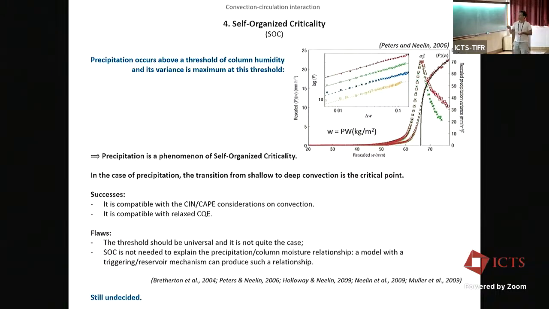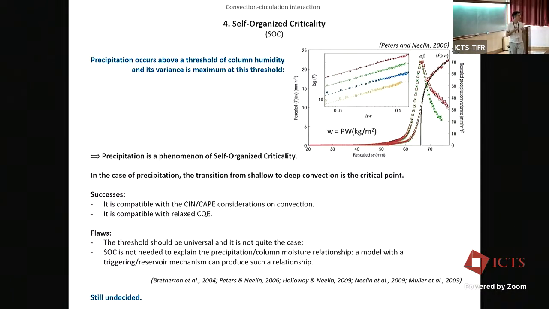What you can see here is that in the original paper, they actually rescaled the column humidity, I would say fairly arbitrarily, for it to work well. Now, there was also a paper by Caroline Muller and others that just took a two-layer model with the triggering of convection based on the lower level moisture, so essentially the boundary layer moisture, and then the convective intensity based on the upper layer moisture.